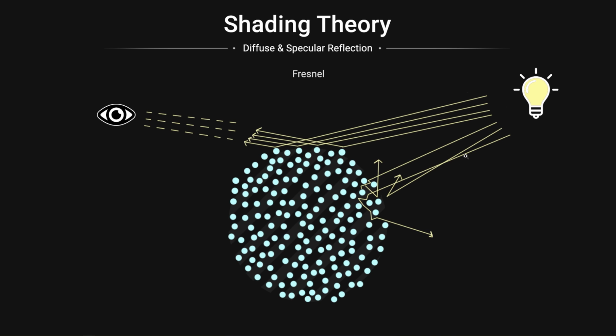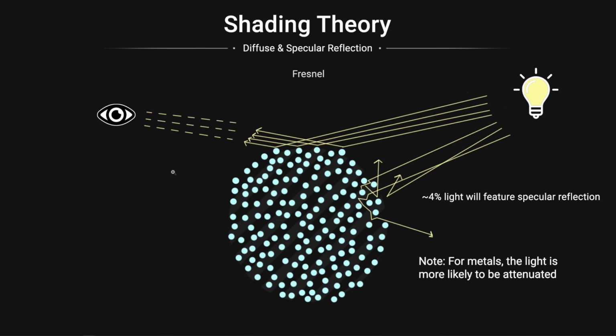These light rays, when they hit the sphere of atoms directly, they're more likely to bounce around and find opportunities to do so. But if we approach the grazing angle, those opportunities become less and less available. And that's why, as we approach the grazing angle, things appear to be more specular.